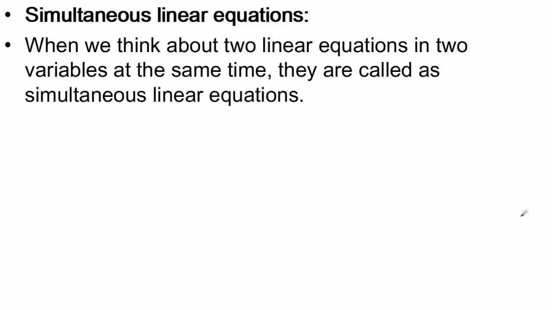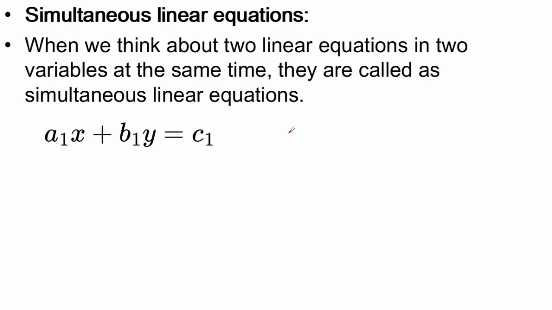Simultaneous linear equations. When we think about two linear equations in two variables at the same time, they are called simultaneous linear equations. When we try to solve two linear equations in two variables at the same time, they are called simultaneous linear equations.